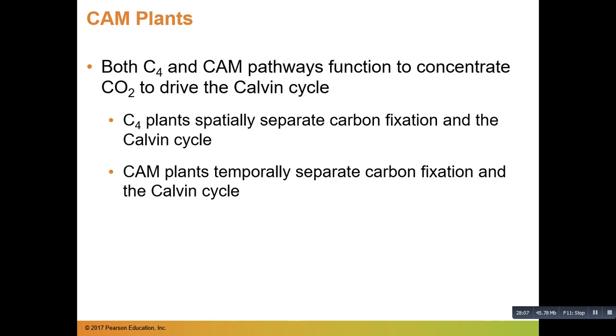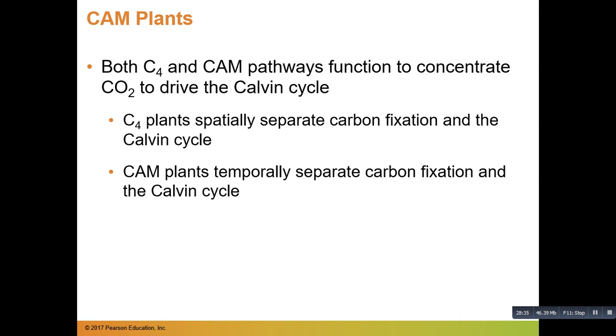So C4 plants divide these two steps spatially. Carbon fixation happens in one spot, the Calvin cycle happens in another spot, and the CAM plants separate in time. They fix the carbon at night, and they run the Calvin cycle during the day.